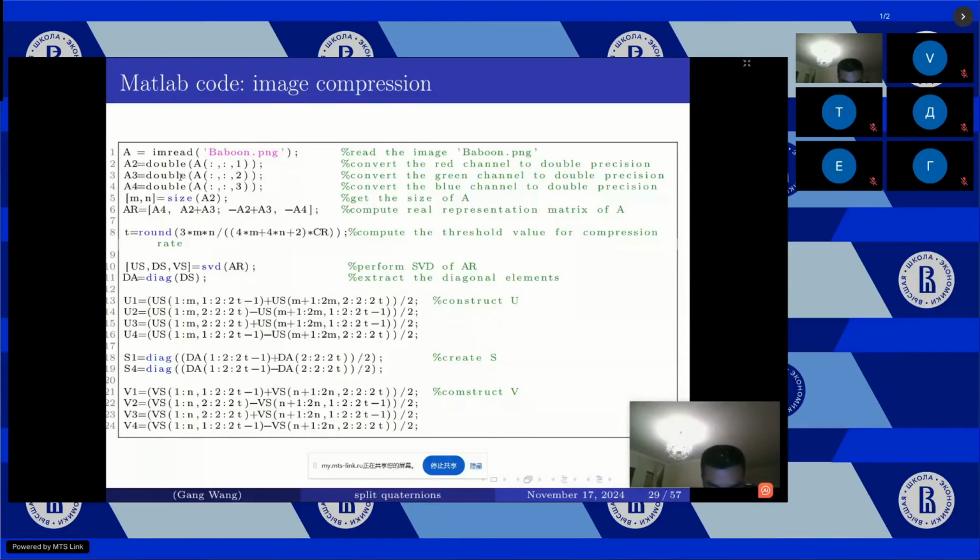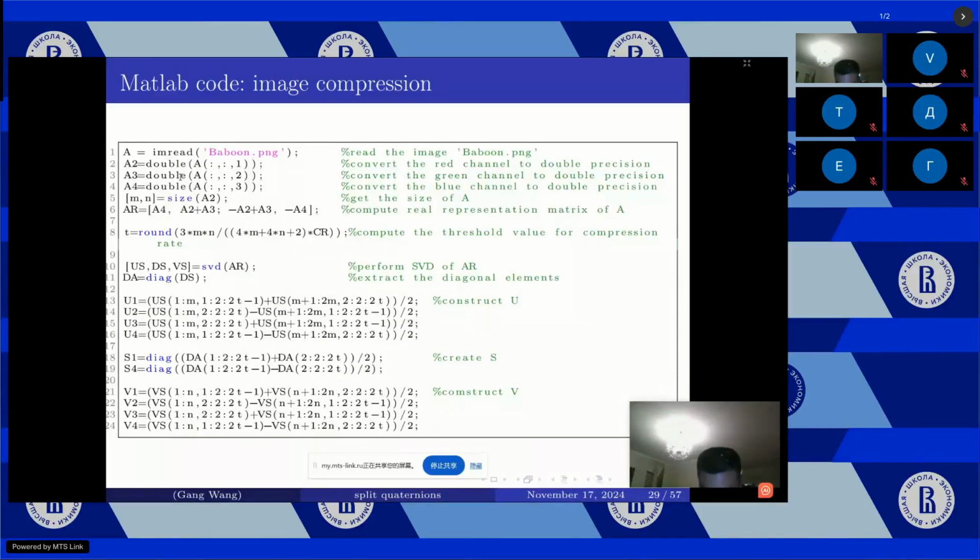For example, if we aim to compress the original image data to a compression ratio of CR, we need to determine the amount of data to be preserved. The original color image consists of 3 M by N real matrices. After decomposition, we assume that matrix U returns the first T columns, the matrix V also returns the first T columns, and the singular value matrix keeps the first T diagonal elements.